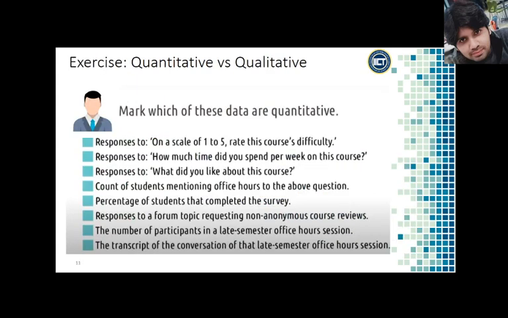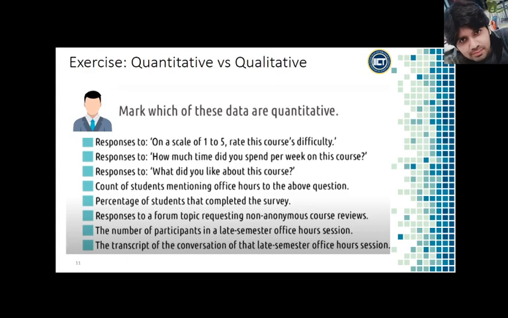Now let's do a quick exercise on quantitative versus qualitative data. Let's imagine we are doing end of course evaluations for some class. For each of the following types of data, note down whether it would be considered qualitative or quantitative.